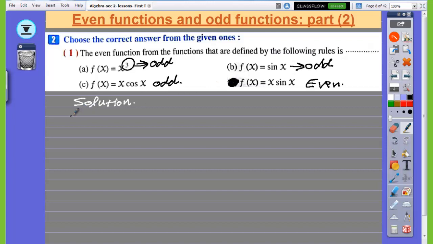But we must know how to prove it in steps. Okay, let f of x equals x sine x.